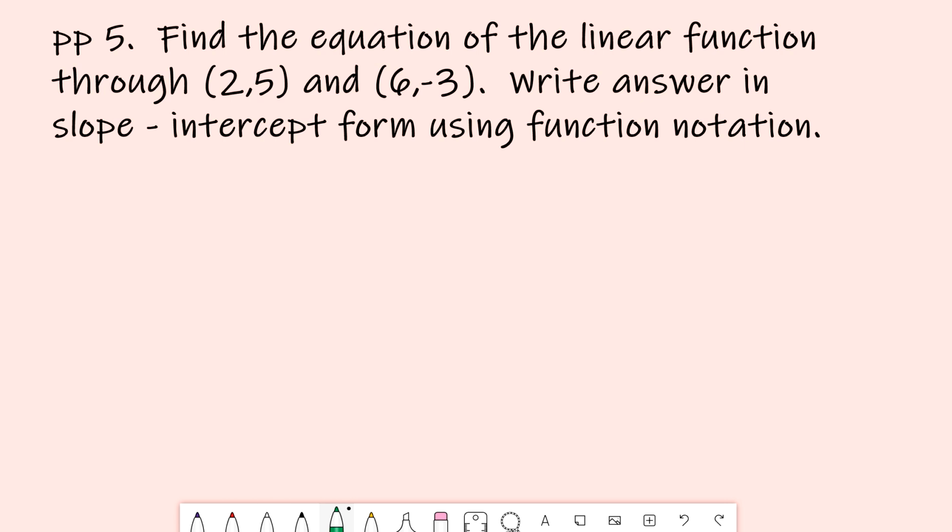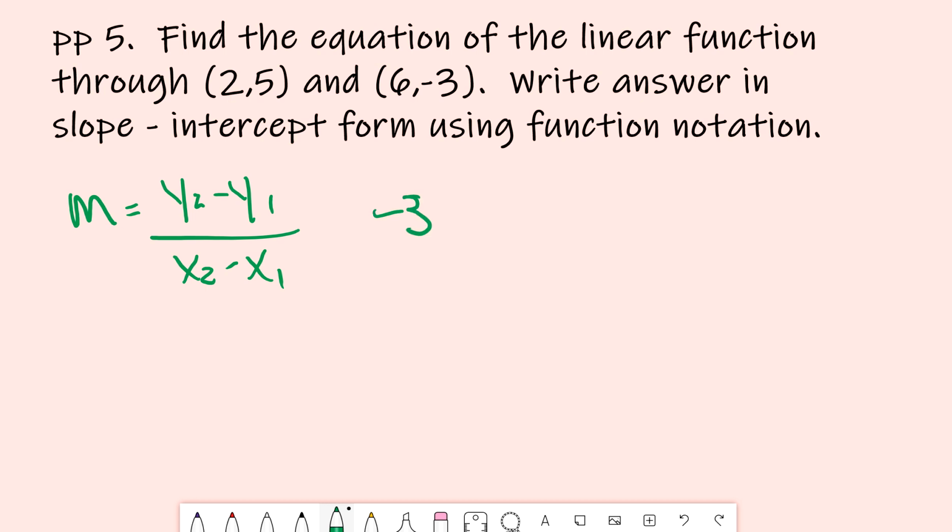Well, if I have 2 points, then I can find the slope using the fact that m equals y2 minus y1 over x2 minus x1, which you remember to be the slope equation, and how we can find it. So let's find the slope. So here I've got y2 minus y1, so that's going to be negative 3 minus 5 divided by 6 minus 2.